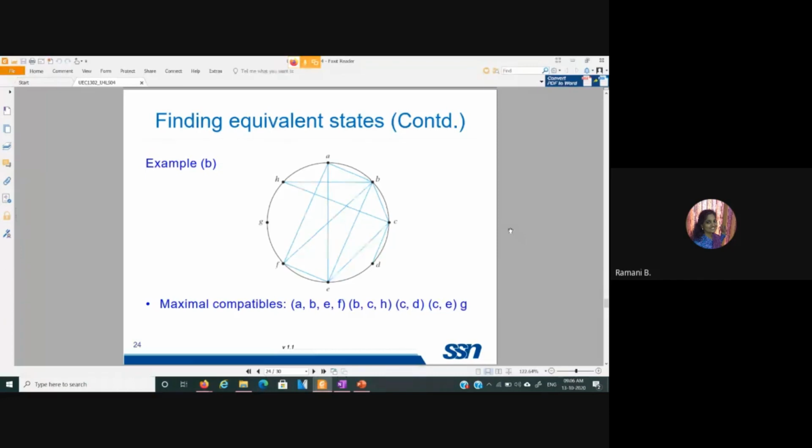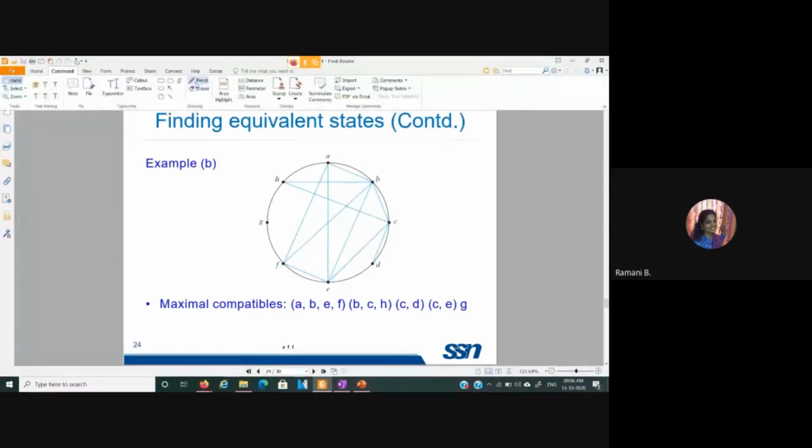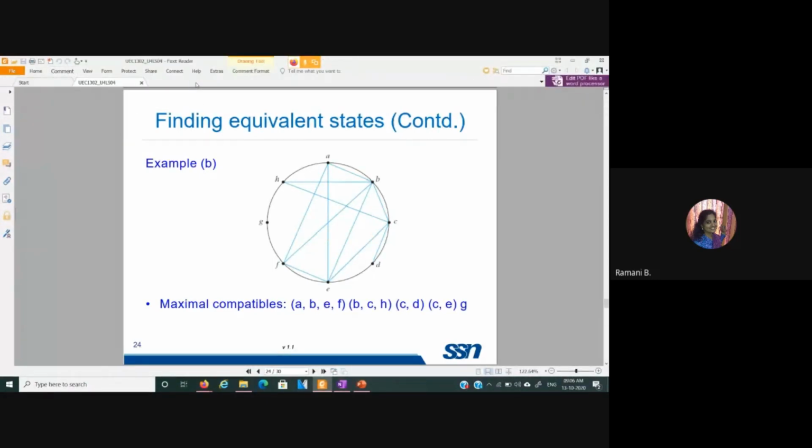So here, let us take this particular example. Directly, you consider that you are given this merger diagram. From the merger diagram also, you can give the compatible pairs because we are drawing lines from the compatible pairs only. We will always check for the shapes in the merger diagram.